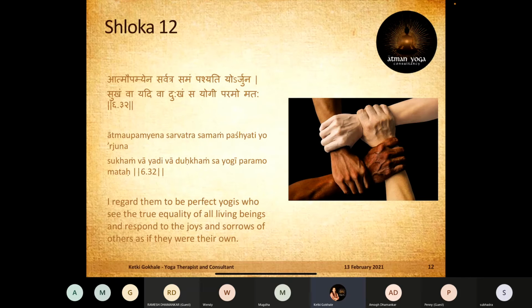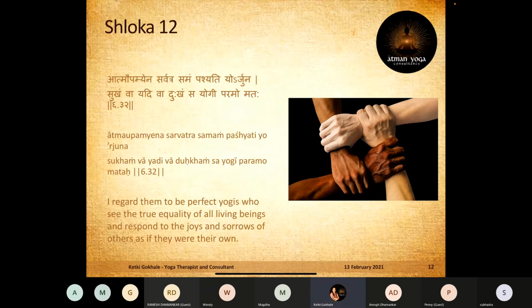We can't disagree in the conviction that the harm done to any of our limbs is harm done to ourselves. Similarly, those who see God in all beings consider the joys and sorrows of others as their own. Therefore, such yogis are always the well-wishers of all souls and they strive for the eternal benefit of all.